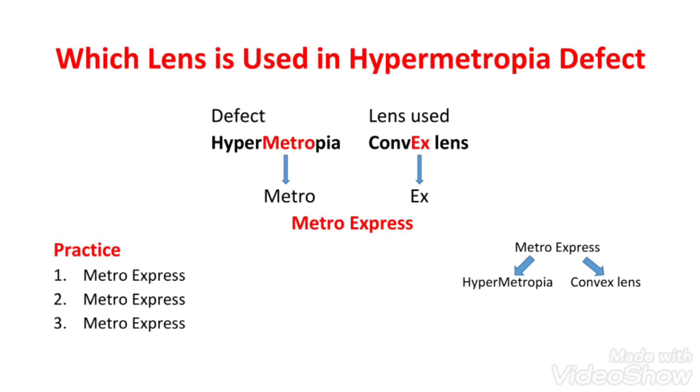If you practice metro express, then in a multiple choice question in the exam, you can decode it. Metro means hypermetropia, express means convex lens.